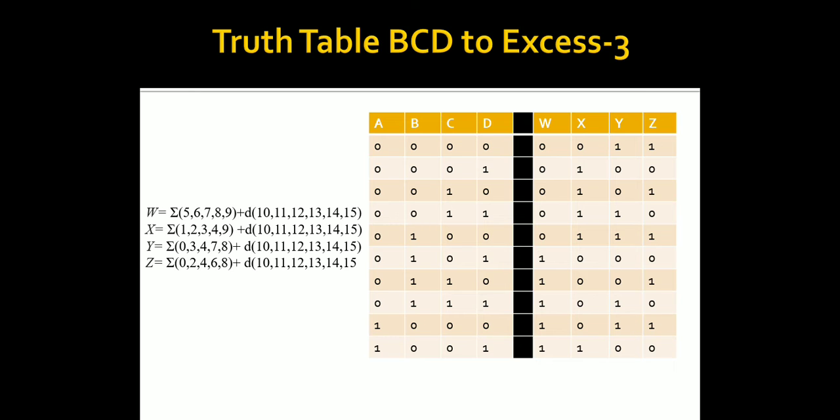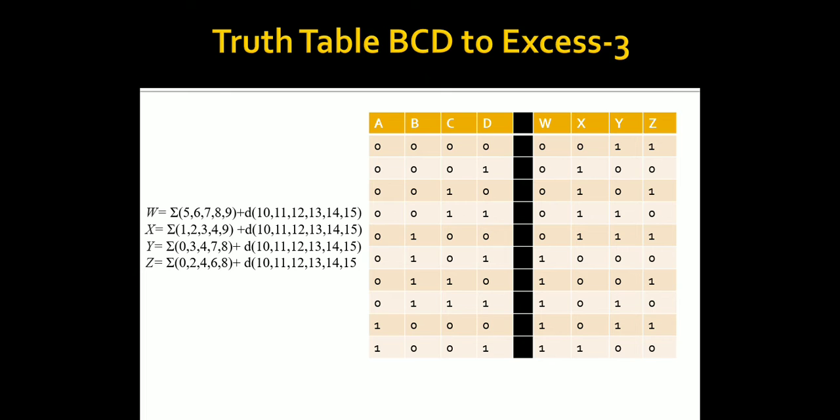On the right hand side we have 4-bit numbers which represent the XS3 numbers W, X, Y, Z. Here we see that for ABCD in the first row the number is 0000, that means 0 in decimal form, whereas in XS3 it is represented by 0011, that means a number which is 0 in BCD code is represented as 3 in XS3 code.